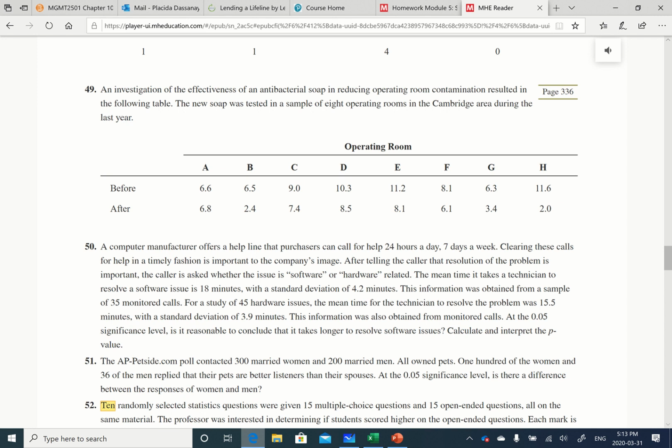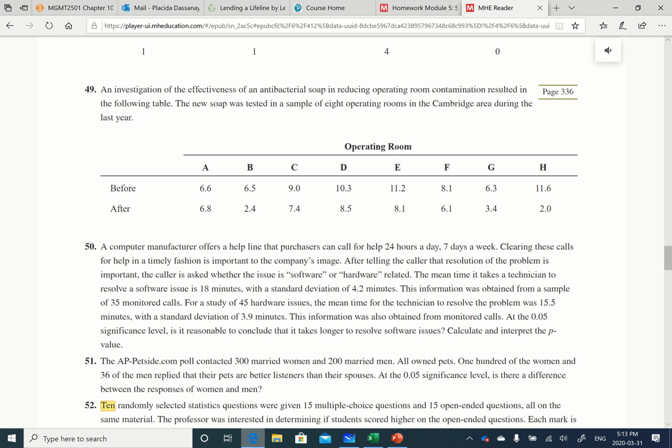So what they have done is, in each operating room, so these are the same operating rooms, A to H. Each operating room, they have tested the effectiveness before the soap and then after using the soap, right? So they want to measure whether it has been effective or not, right? So the effectiveness rate has whether it has gone up or gone down, no change. So that's what they want to test.